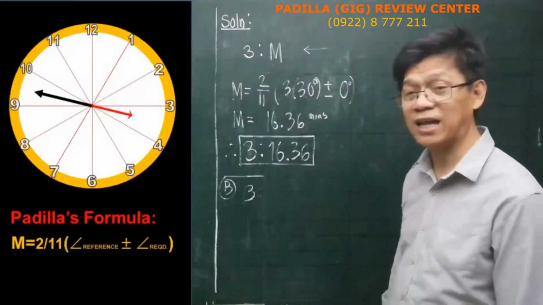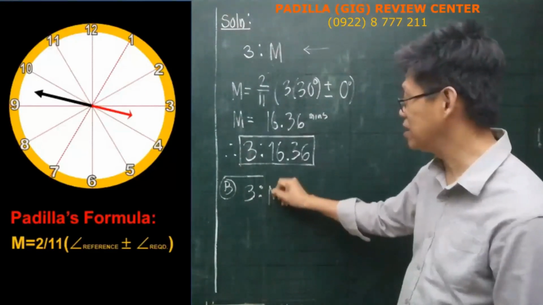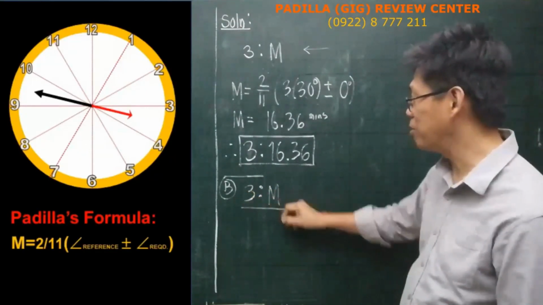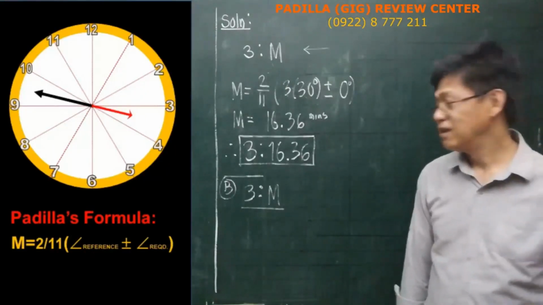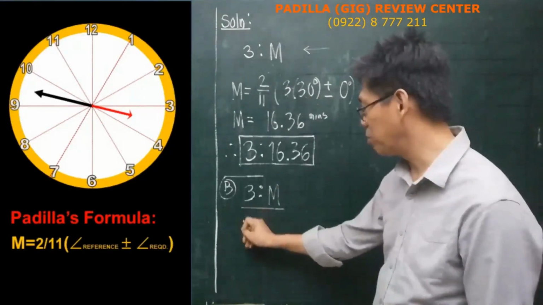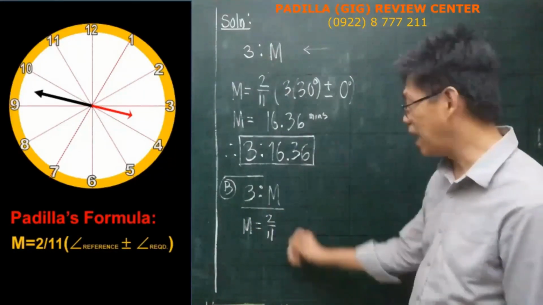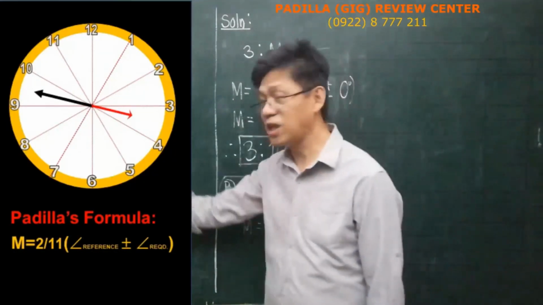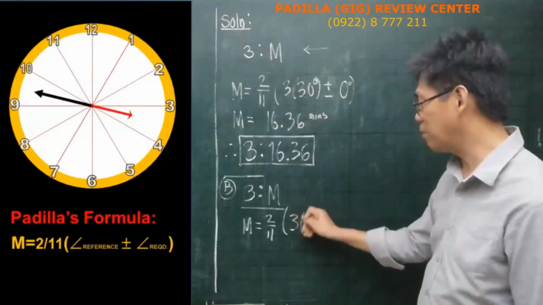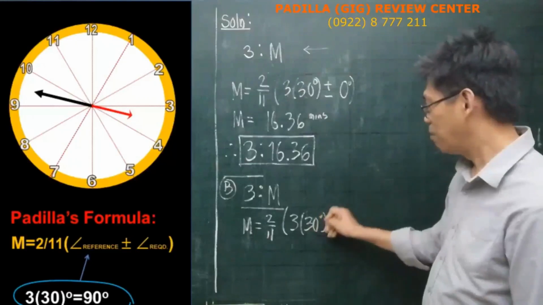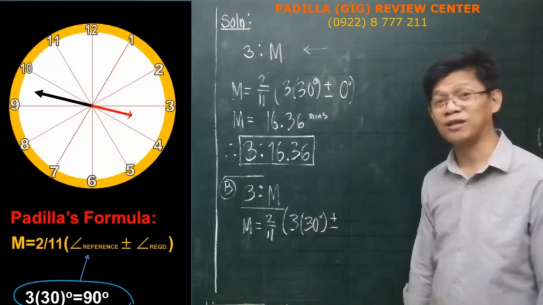The time is alas 3. The hour, the required is just M. Padilla's formula gives you the required minute. So, using Padilla's formula, Rm is 2 over 11 times H times 30. Your H is 3 times 30 plus or minus angle during the required time.